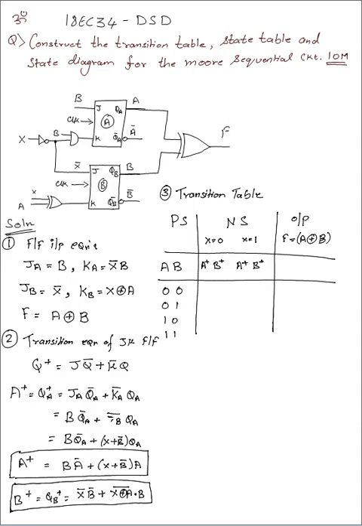Now, what do we do? Take equation 1 and equation 2. Substitute the values A equal to 0, B equal to 0, x equal to 0 and solve for equation 1. B is equal to 0, so the term B into A complement in equation 1 will be 0, x plus B complement will be 1, into A which is 0.